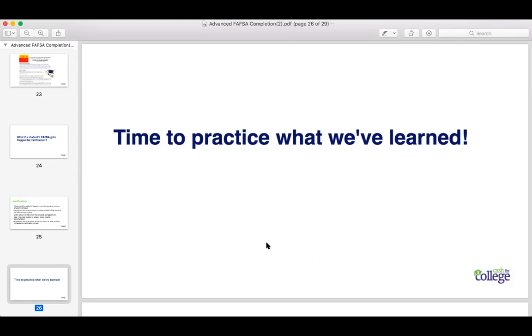Okay, so the correct answer is dependent. Just because he is 18 years old, that really doesn't have anything to do with it. The FAFSA is very clear as far as the questions when they go through 1, 2, 3, 4, 5, 6, 7, 8. So there are 9 questions total.